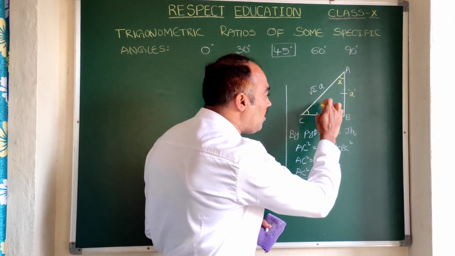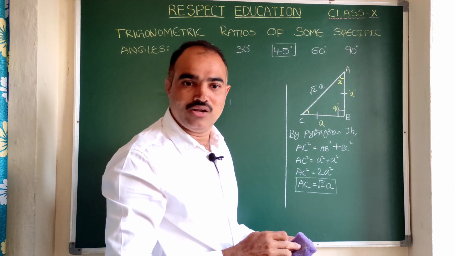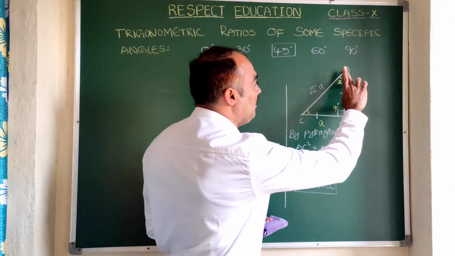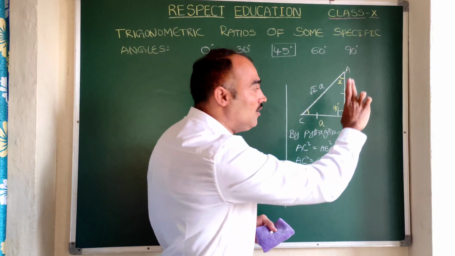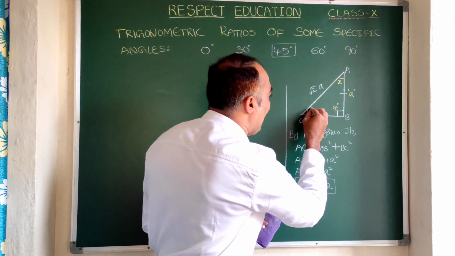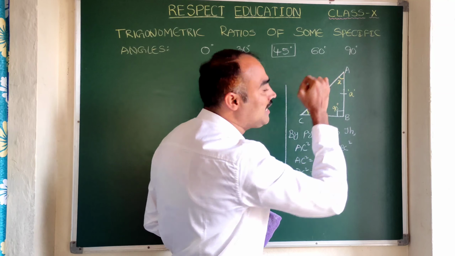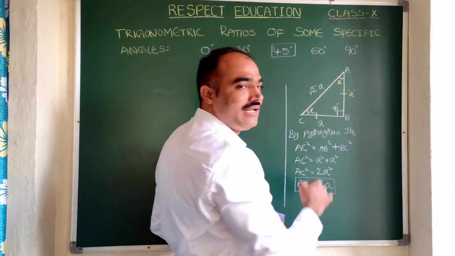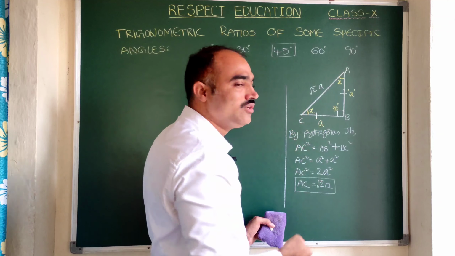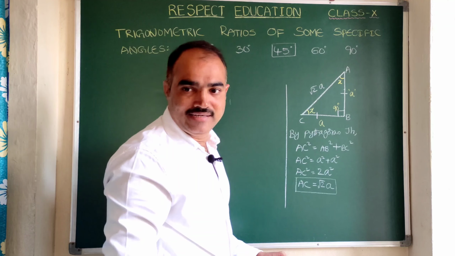Angles which are opposite to equal sides, those are equal. Are you following me? Here AB is equal to BC. For AB, what is the opposite angle? Angle C. Angle C is equal to, for BC, what is the opposite angle? Angle A. These two angles are equal. If angle A is x degrees, angle C also will be x degrees. Angle B is already 90 degrees.